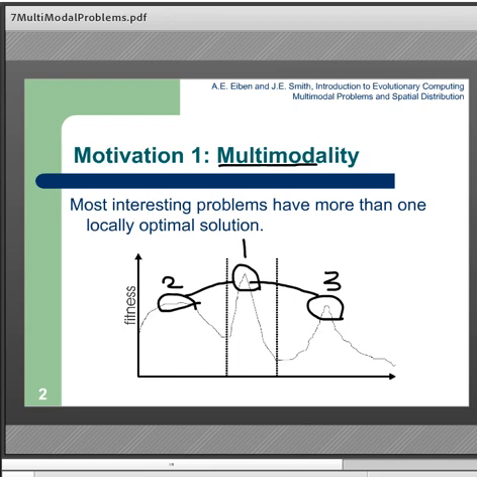These types of EA problems are named multimodal. Do you know multimodal? Do you have any question about the multimodal? So the multimodal is the problem that has more than one solution.